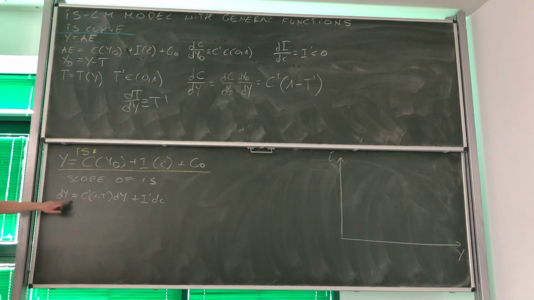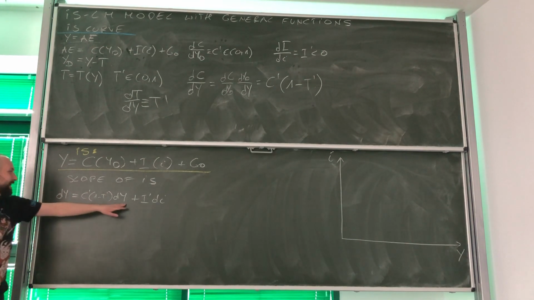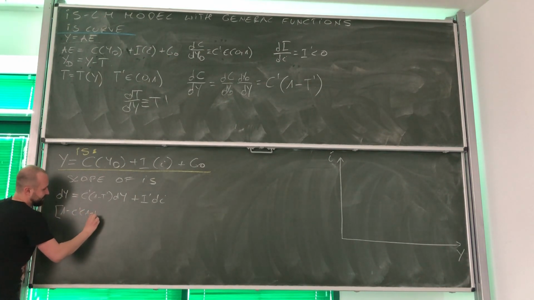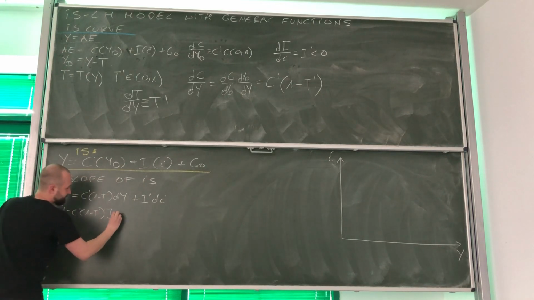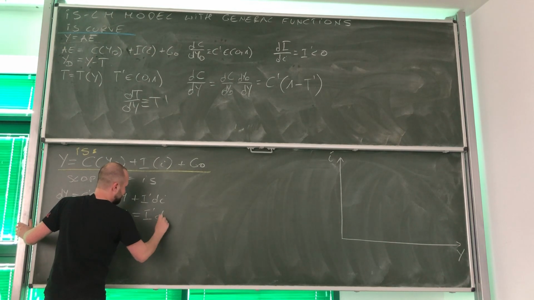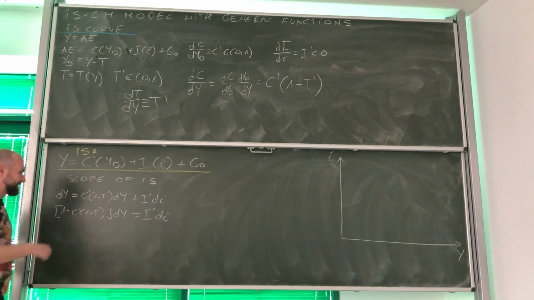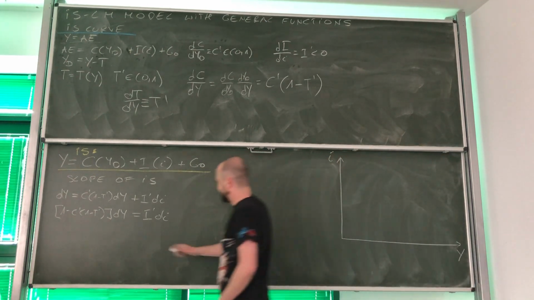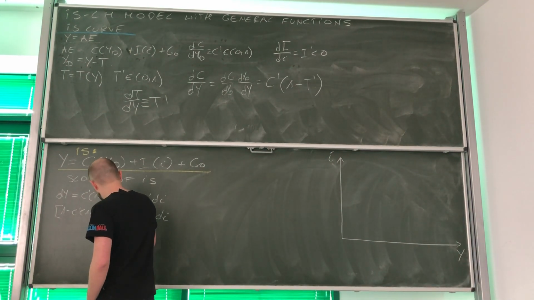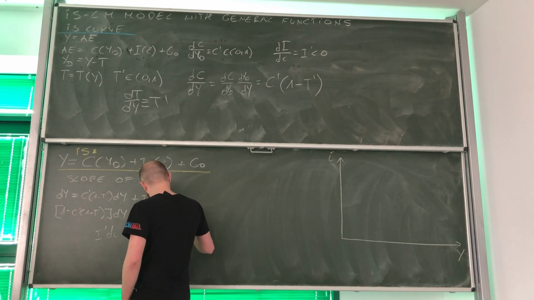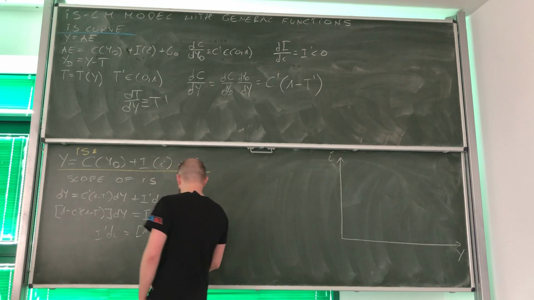Okay, let's put all the expressions with dY's together, and we get then that this is (1 minus C prime (1 minus T prime)) dY equals I prime times di. Now, let's reverse the sides of the equation. Okay, let's do it slowly. And what do we do next?